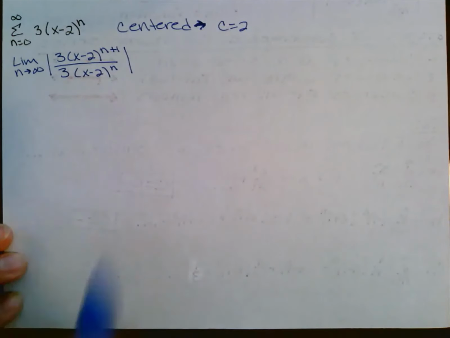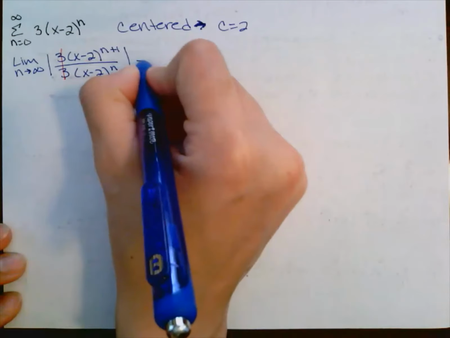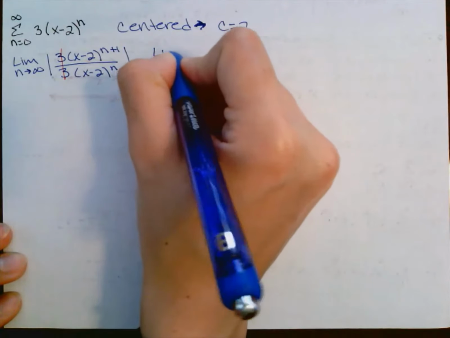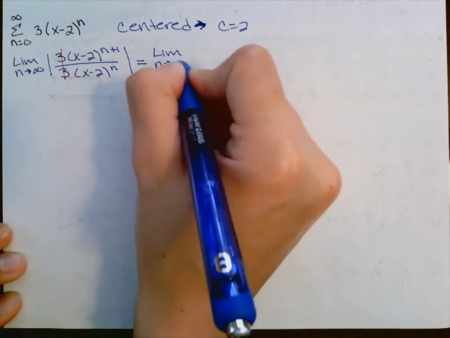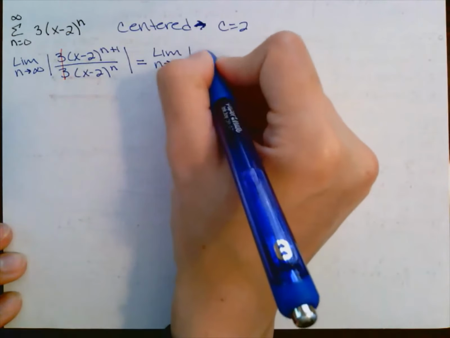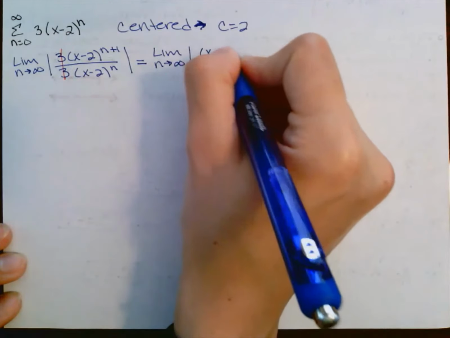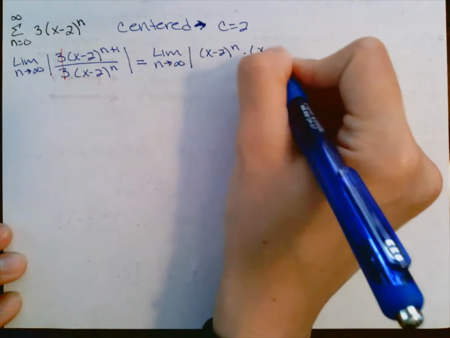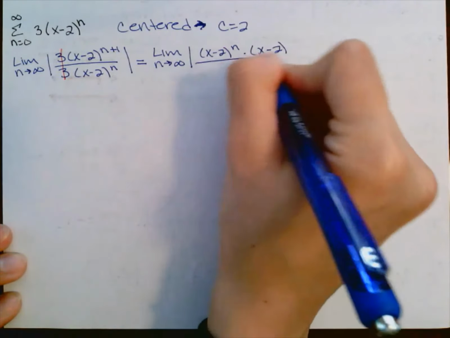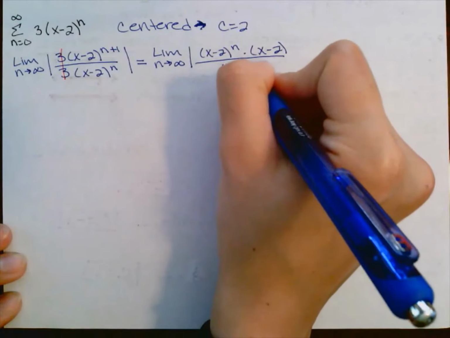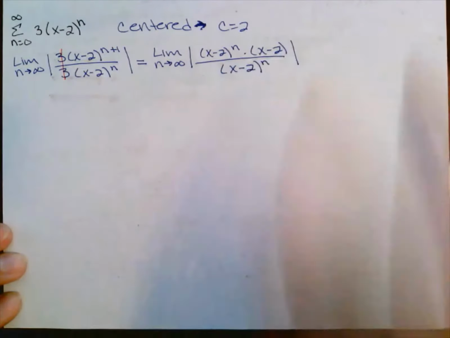Automatically, I can cancel out those 3's. I'm going to rewrite that numerator. And now I can cancel out that x minus 2 raised to the n.